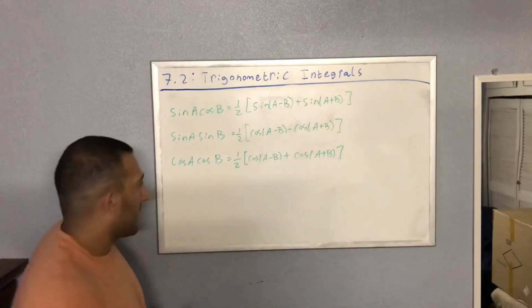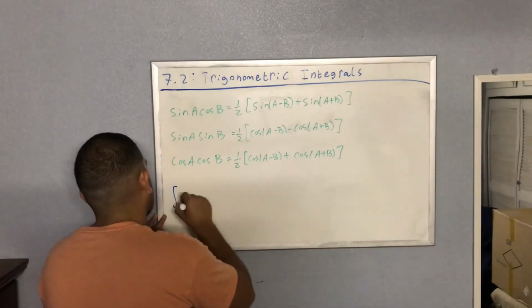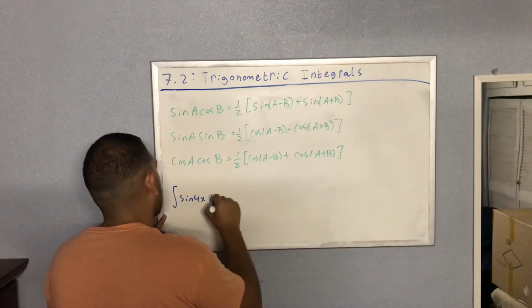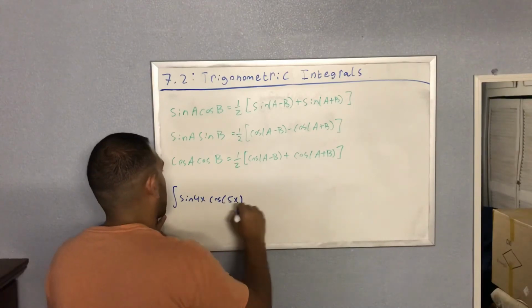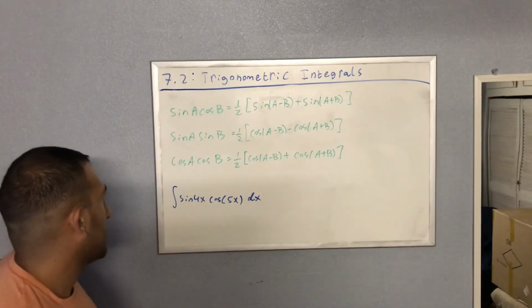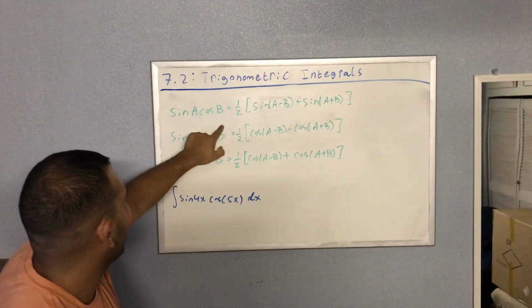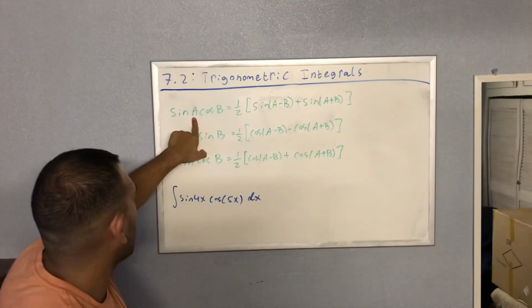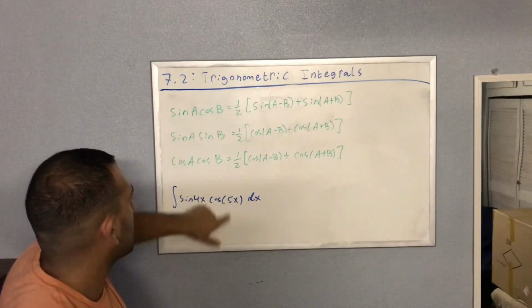So let's say we want to find the integral of sine 4x times cosine of 5x. Now this is in this form, so A is like 4x and B is like 5x.